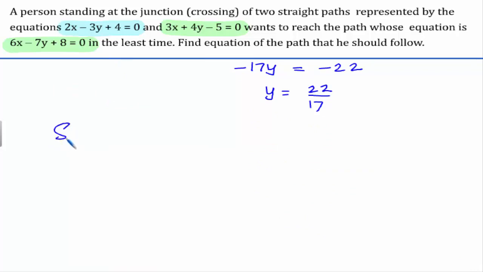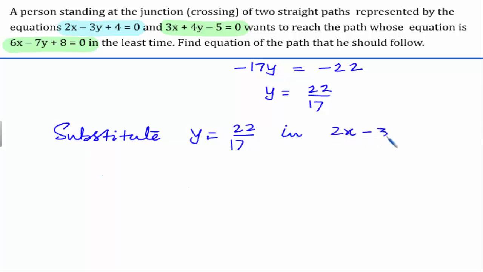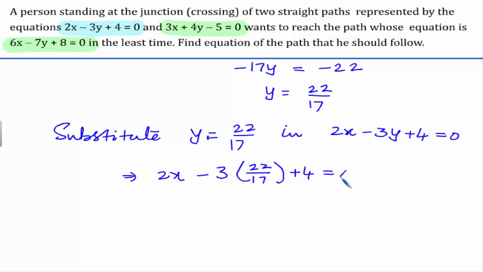Now let us substitute y is equal to 22 by 17 in any one of the equations. Let us substitute into 2x minus 3y plus 4 is equal to 0. We get here 2x minus 3 into 22 by 17 plus 4 is equal to 0. Here we get 2x minus 66 by 17 plus 4 is equal to 0.